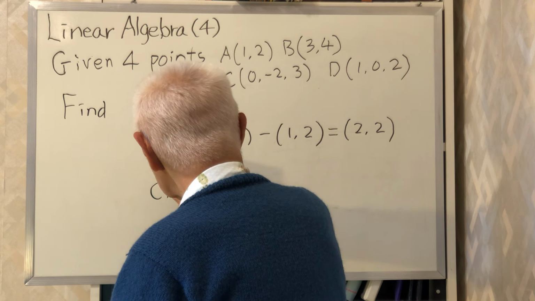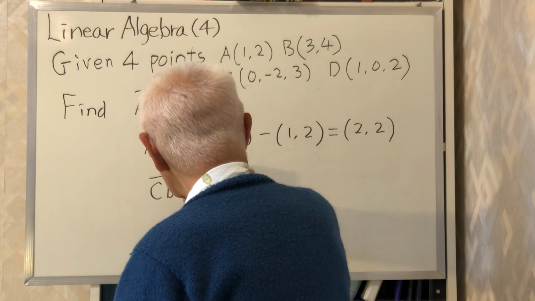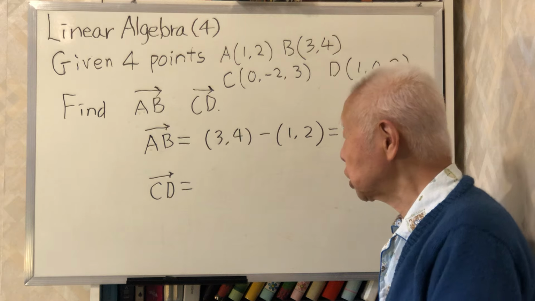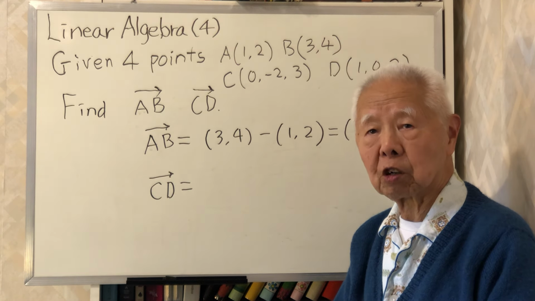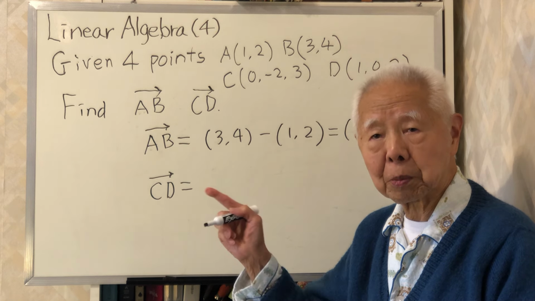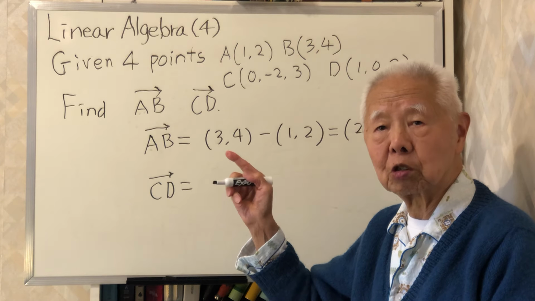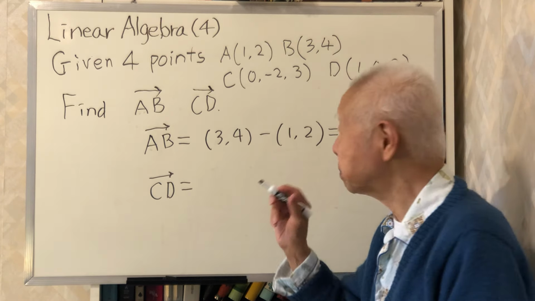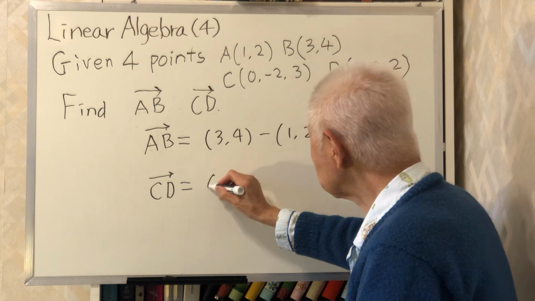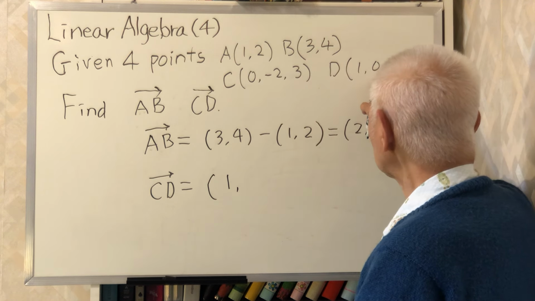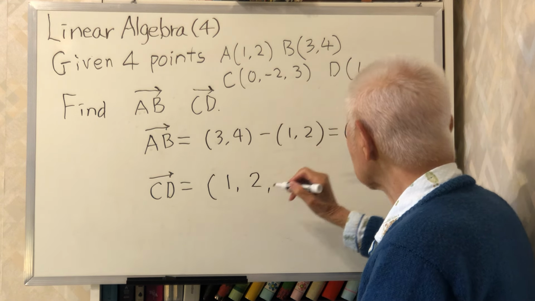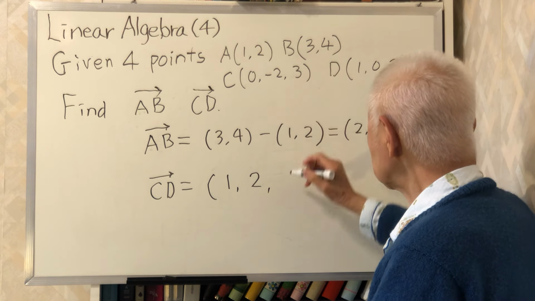CD. I just do it very quickly. CD, you subtract the coordinates of D to subtract coordinates of C. So CD is 1 minus 0 is 1. 0 minus negative 2 is 2. 2 minus 3 is negative 1.